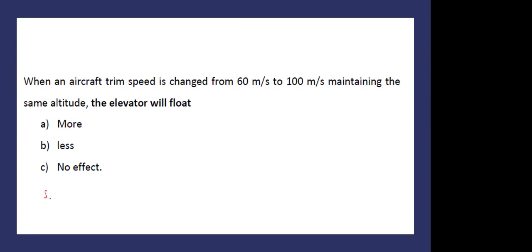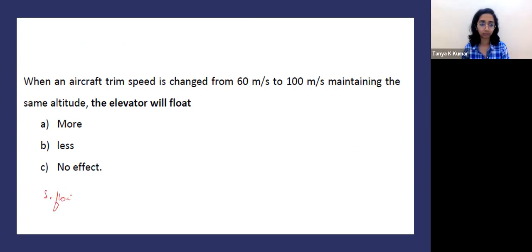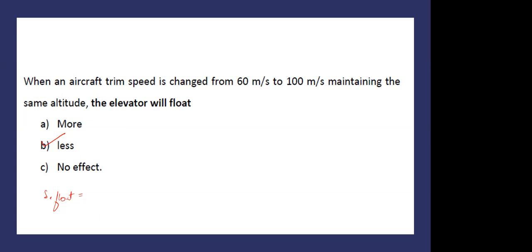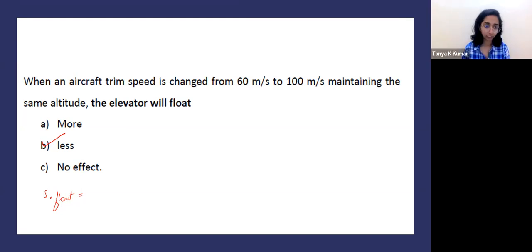What was the equation for delta E float? If it is less, you're right. Can you explain your answer? It depends on angle of attack on tail. Exactly. It depends on angle of attack on tail.